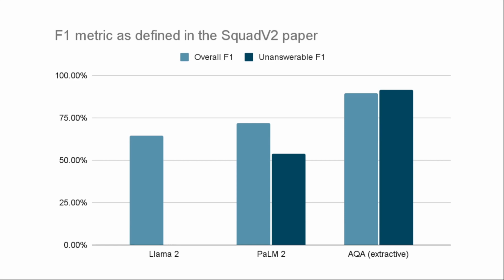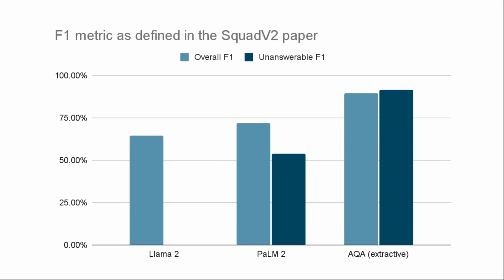And as we can see, the AQA model compared to a general purpose model has a much higher answerable F1 score, which means when the question asked cannot be answered by the documents provided, it is much better at saying, I don't know, in the form of giving a low answerability score.